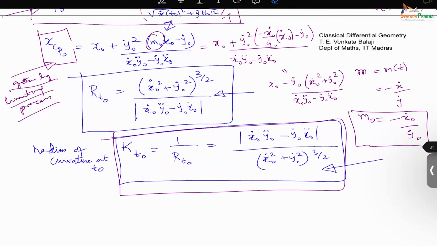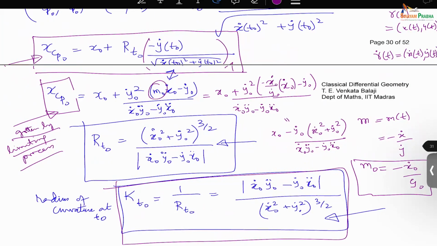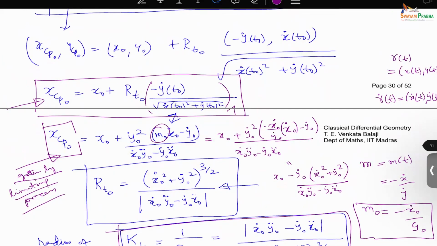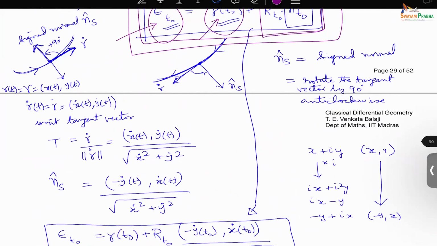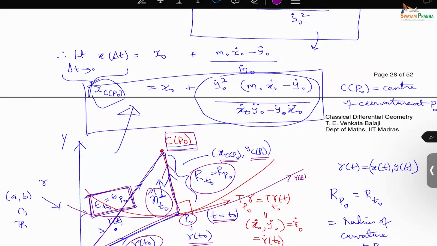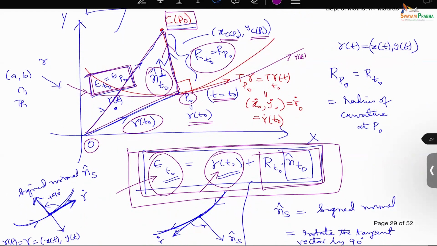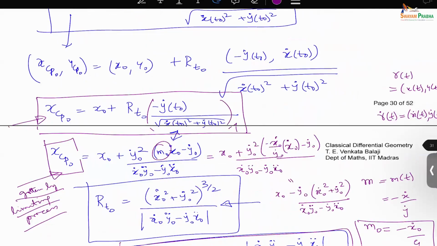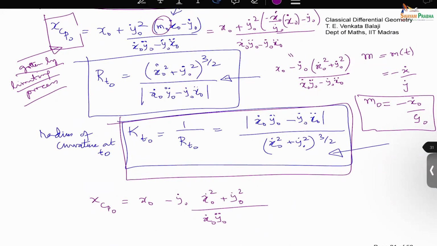The x coordinate Cp naught, our center of curvature for the point P naught, is x naught minus y naught dot times this expression: x naught dot squared plus y naught dot squared by x naught dot y naught double dot, minus y naught dot x naught double dot.